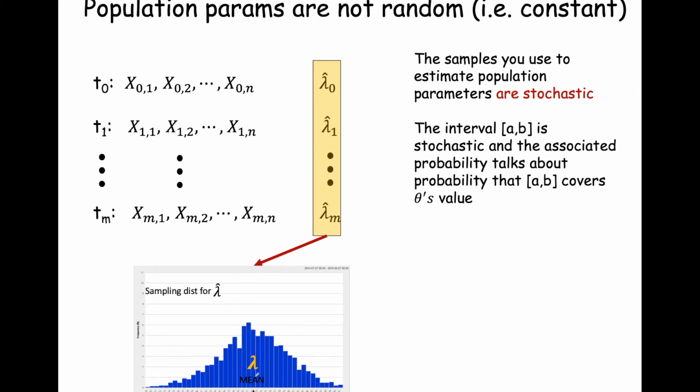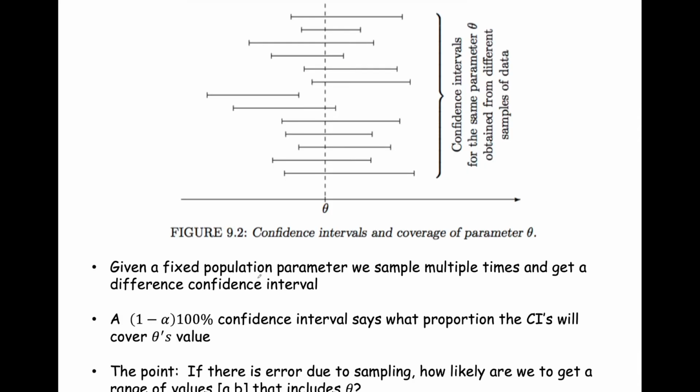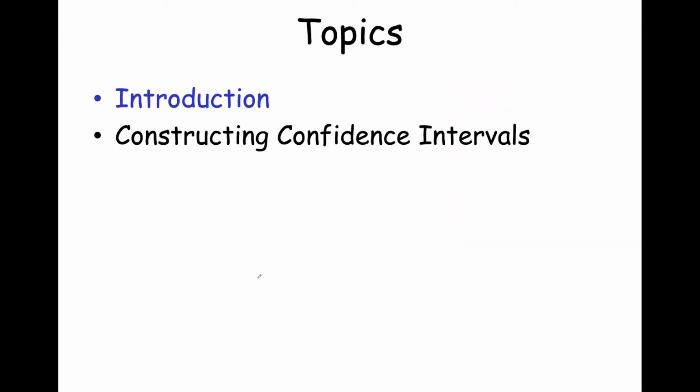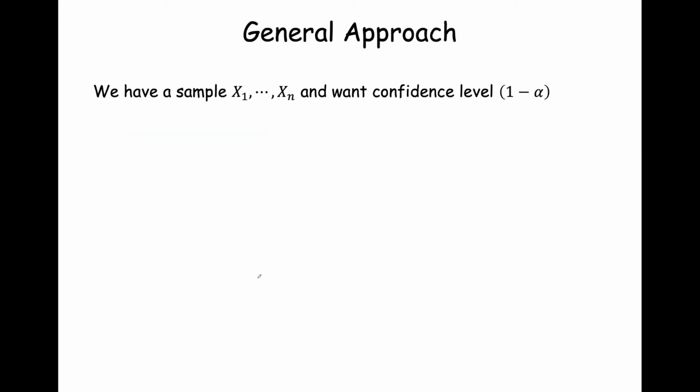It has a mean, and it has a standard deviation that we're calling the standard error to note that this is the distribution for a statistic and not for a simple measurement. And so we talked about the confidence interval probability as being this coverage probability associated with intervals, some proportion of the time.